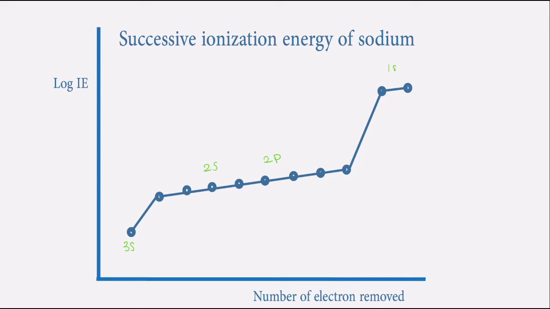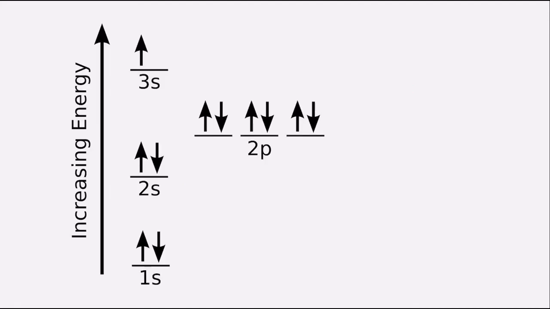However, there's a large jump of increasing ionization energy at each level. So we have one level jump here and another level jump there. And this is because the distance from the nucleus is decreasing. An electron is being removed from a more positive ion at each level, and this steadily increases during its own sublevel.